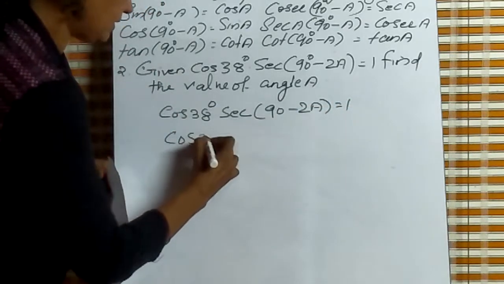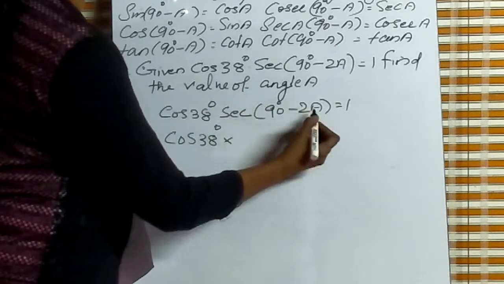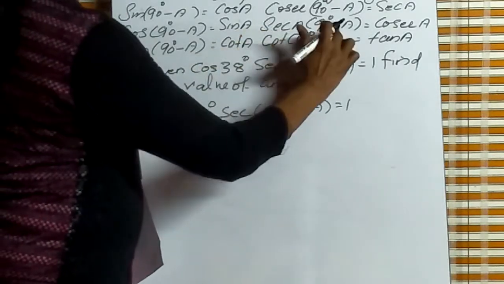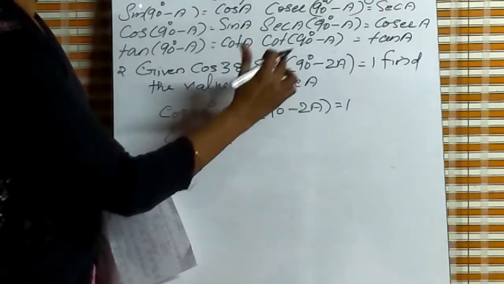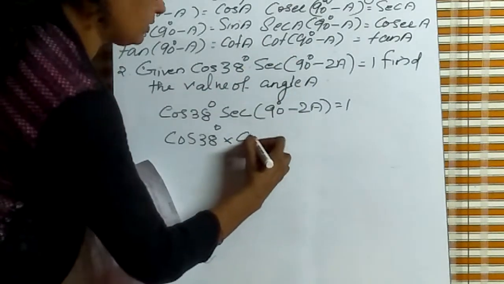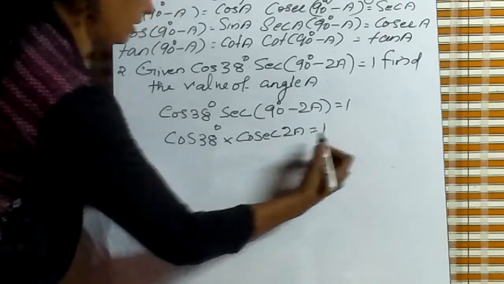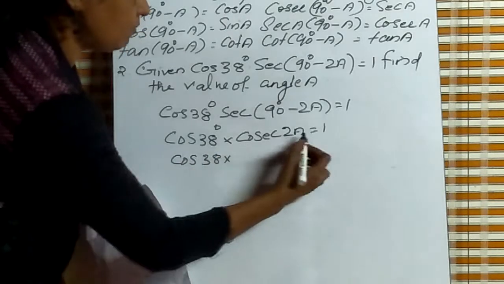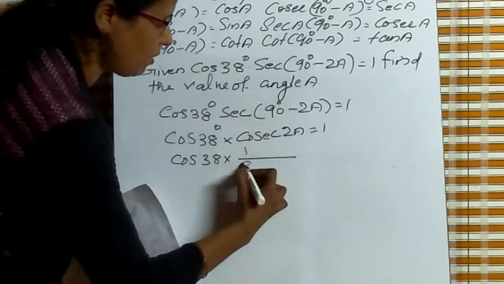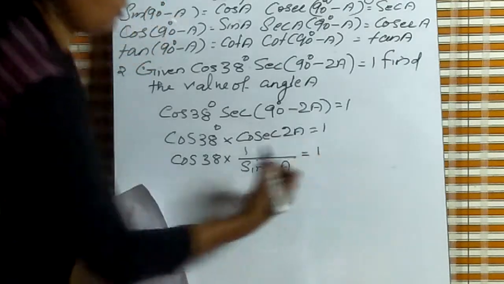What is sec(90° − A)? Sec(90° − A) is cosec A. So sec(90° − 2A) is cosec 2A. What is cosec 2A?